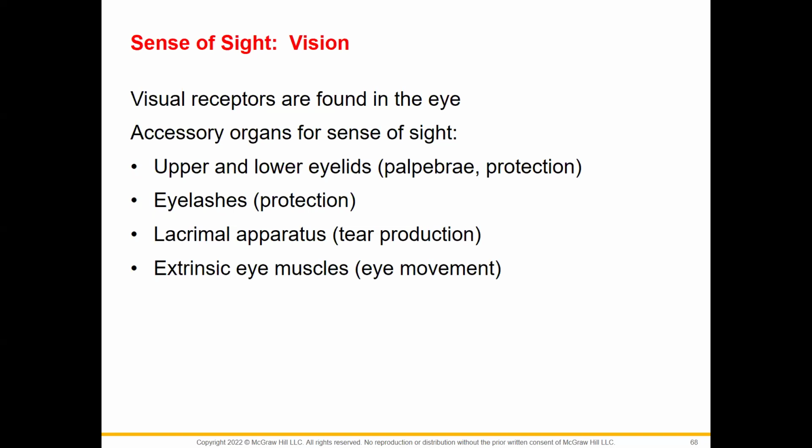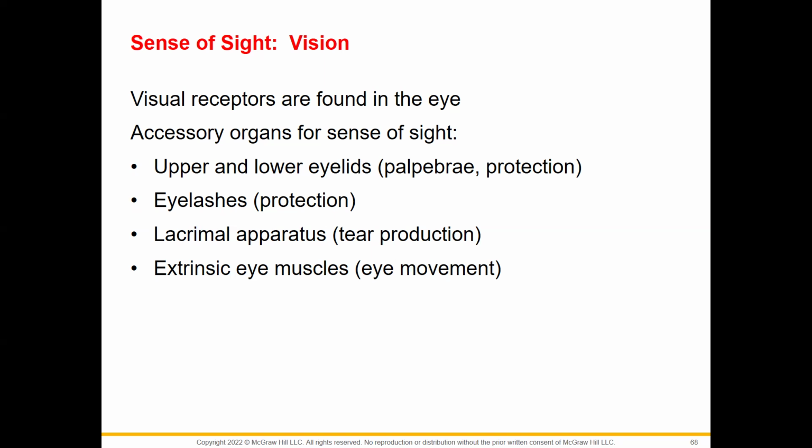The accessory organs for the sense of sight include your upper and lower eyelids, your eyelashes, the lacrimal apparatus, and the extrinsic eye muscles. The upper and lower eyelids are called palpebrae. They're there to protect your eyeball and your receptors.